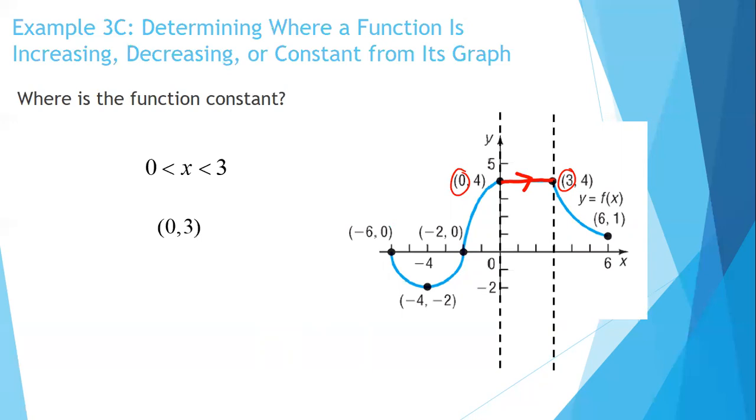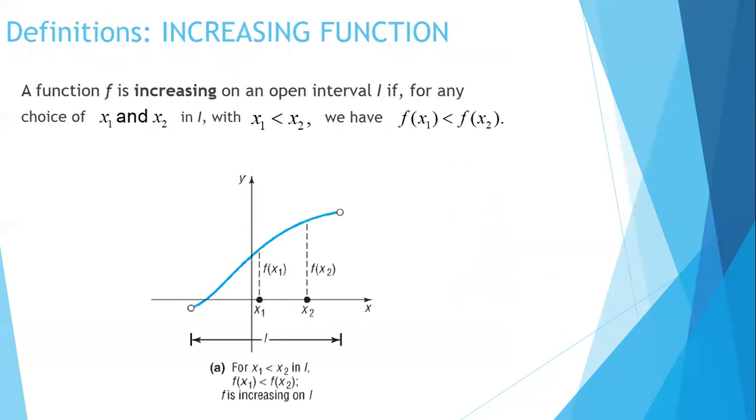How do you feel about writing intervals of increase, decrease, and constant? Good, doable? Okay, so at the bottom of your page, you have the formal definitions of the two. When we are talking about intervals of increase, we're looking for when our x value, our x1, is smaller than our x2. But as they're increasing, the y value here is also smaller, right?